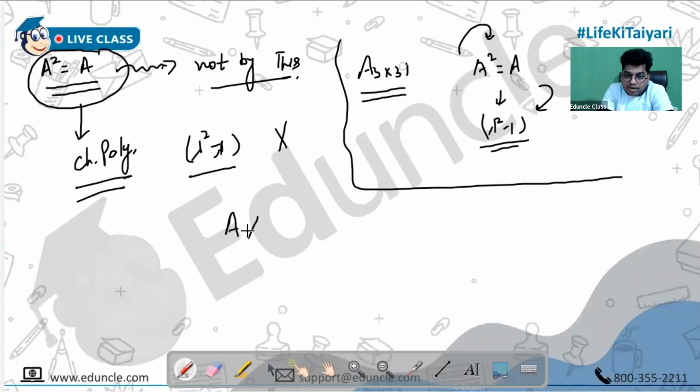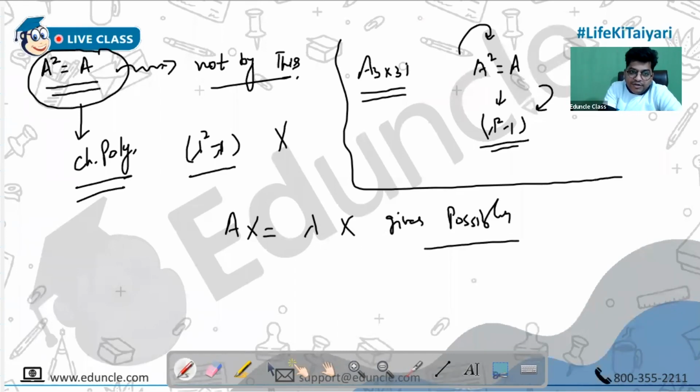हाँ, but this problem Ax equal to lambda x gives the possibility of eigenvalue. मतलब जो eigenvalue आएंगी तो इसी फॉर्मूले से आएंगी. It means possibility. It means you can say like A square x equal to lambda square x. A square x is A times Ax is equal to lambda square x. Ax is lambda x, so lambda x is equal to lambda square x.